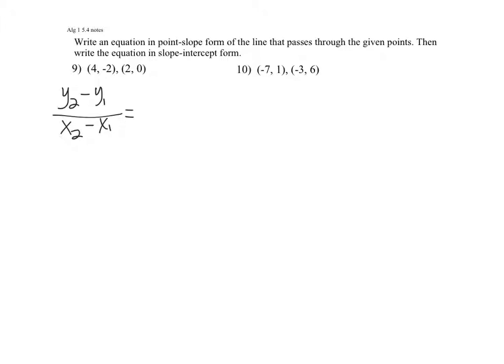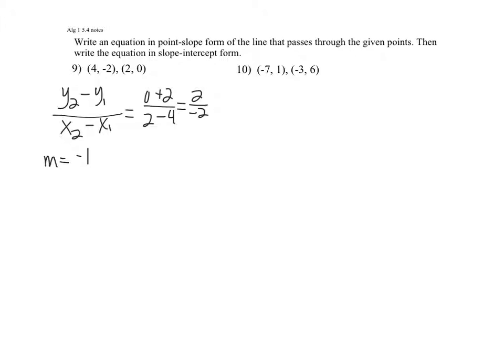So we've got 0 minus a -2, which is plus 2, over 2 minus 4. So we've got 2 over -2, which makes our slope -1. So m is -1.